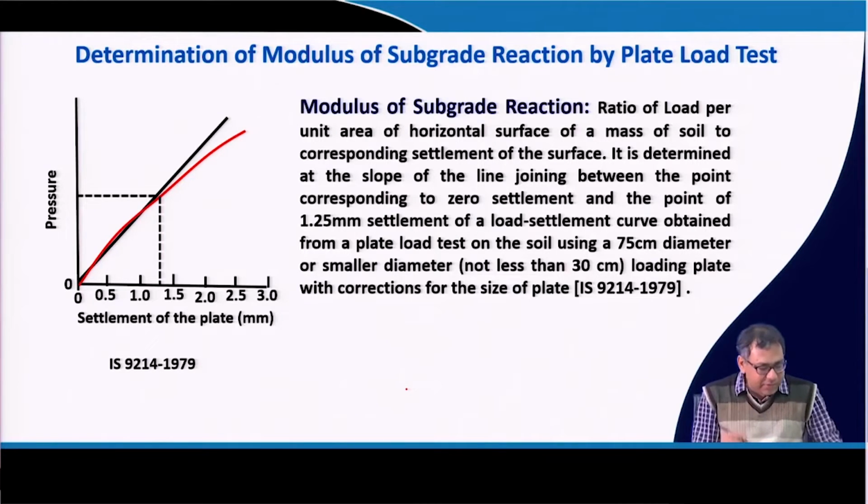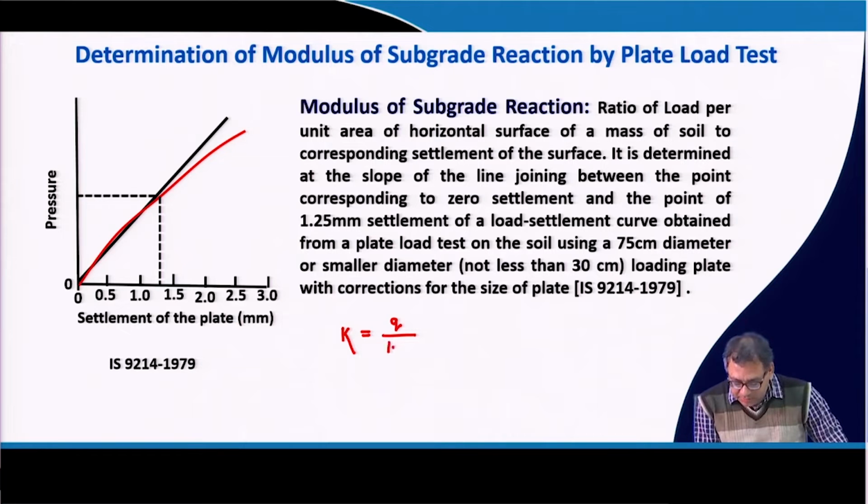And we will determine the K value corresponding to the stress which is applied. So, that means K is equal to the stress at 1.25 millimeter, so it is the stress divided by a particular settlement.